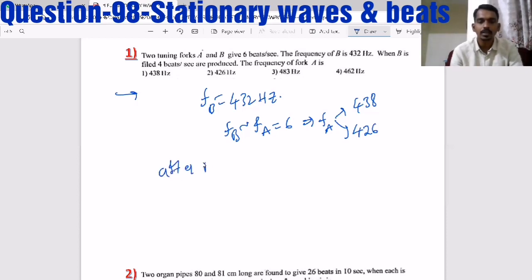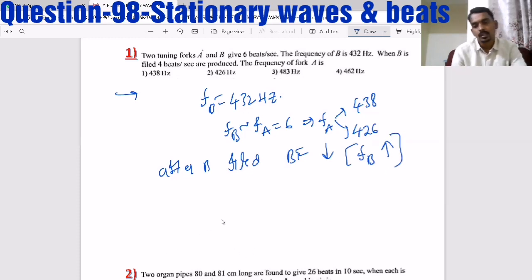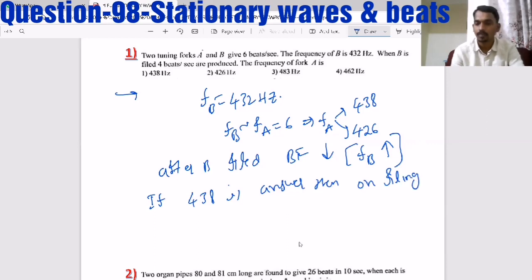When B is filed, the beat frequency reduced. So here, as it is filed, FB actually increases on filing. So now you take, if 438 is the answer, then on filing, you have to check logically.